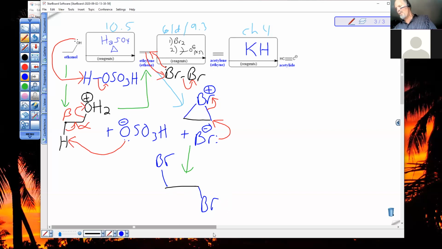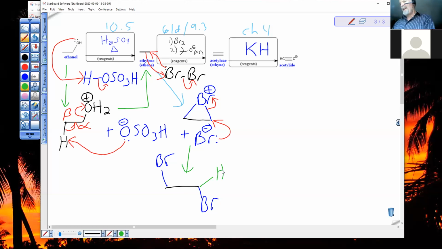Vicinal dibromide right here. And what's going to happen here in this? This is a tert butyl group. It's not the best drawn tert butyl group, but it's attached to an O-, making it a strong base. There's H's on each side.